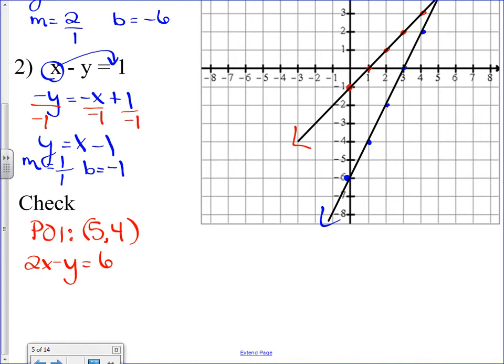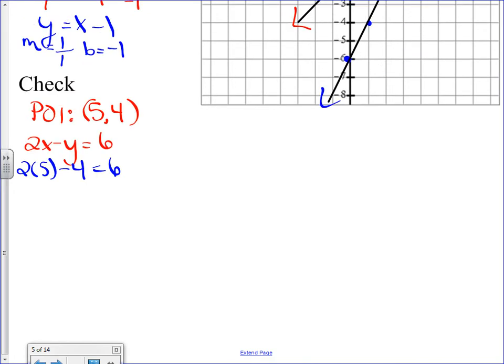Callum, what would I do to check? Good. And Eric, what do I get on my left-hand side when I calculate this? 6 equals 6. So I know my equation's balanced. So the point of intersection lies on that line.